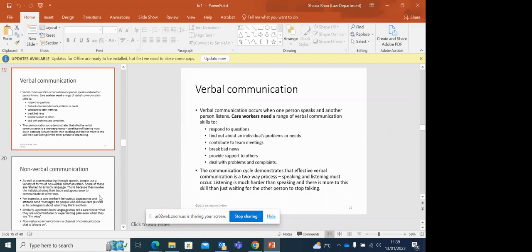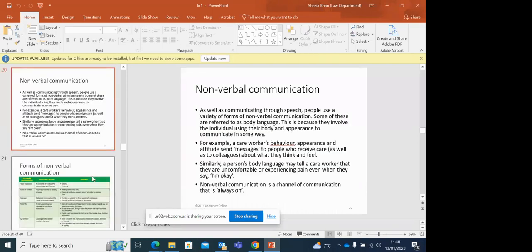The communication cycle demonstrates that effective verbal communication is a two-way process. Speaking and listening must occur. Listening is much harder than speaking, and there's more to this skill than just waiting for the other person to stop talking. Even spotting situations like abuse, because that does happen a lot, doesn't it?